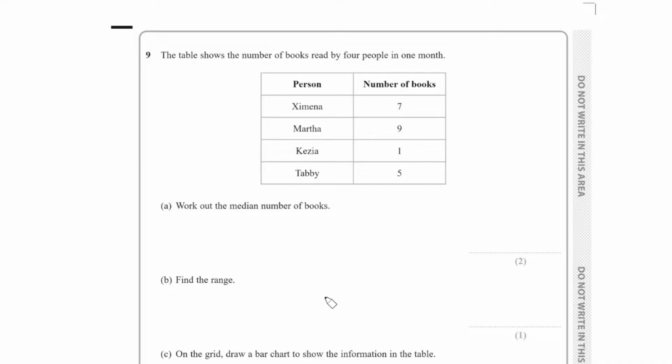Okay, the table shows the number of books read by 4 people in 1 month. So you've got the people, you've got the number of books. Work out the median number of books. So the median means the middle number of books.